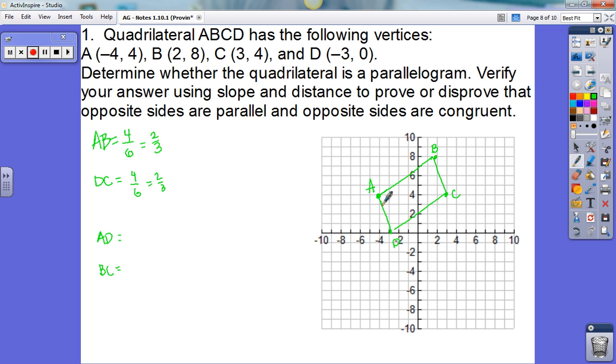AD is rise 1, 2, 3, 4, negative 4 over 1. And BC is 1, 2, 3, 4, negative 4 over 1 as well. So because I have the same slope, that's going to show me that both pairs of opposite sides are parallel. Alright, so I have parallel sides. That's what this shows me.